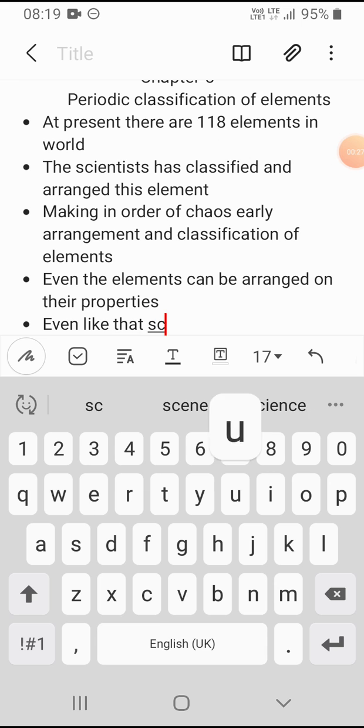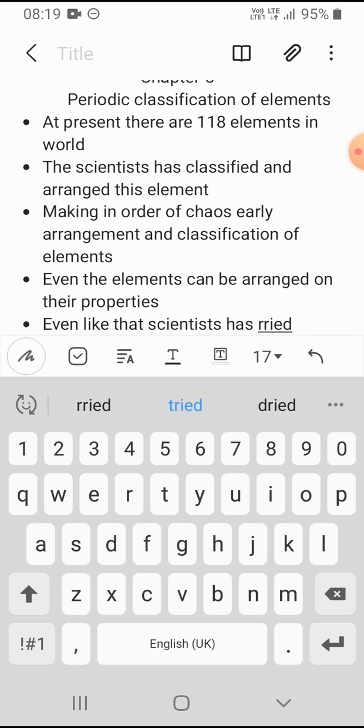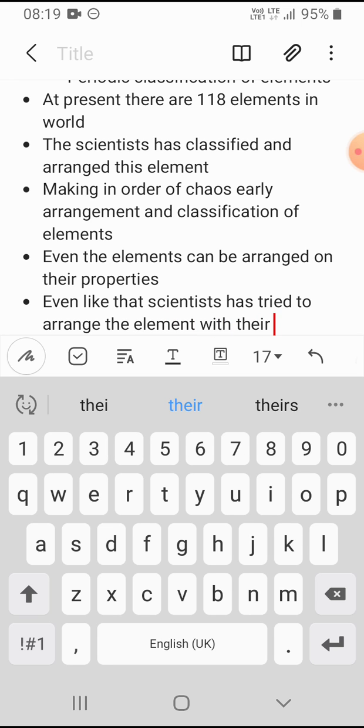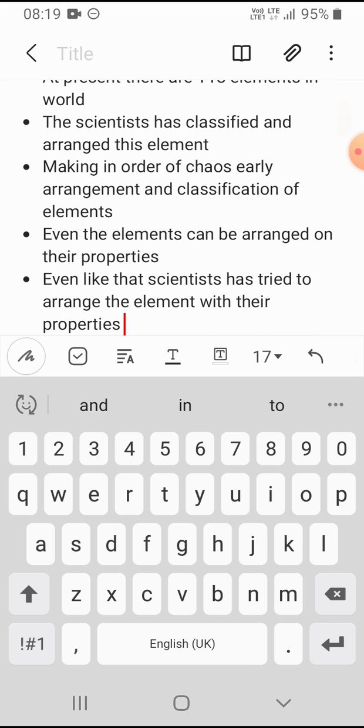Scientists have tried to arrange the elements with their properties, with what properties they have, like that they arranged them in the shape of groups.